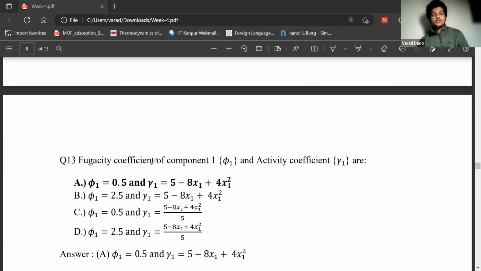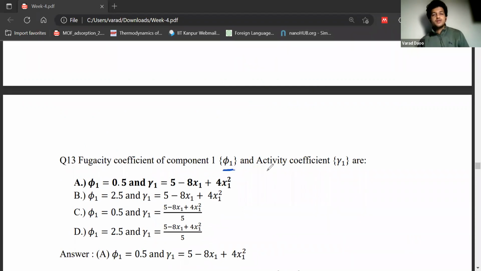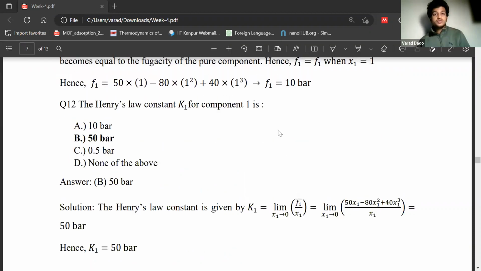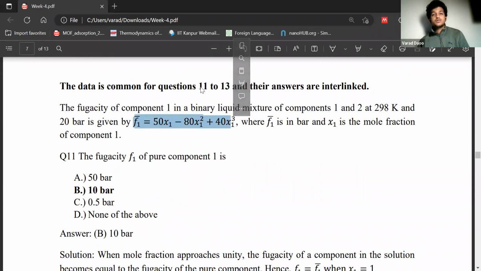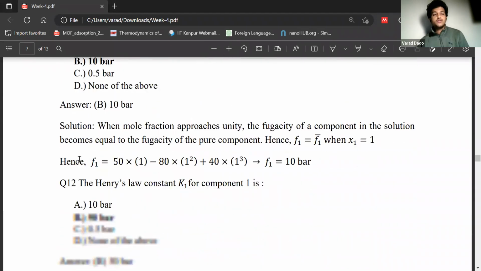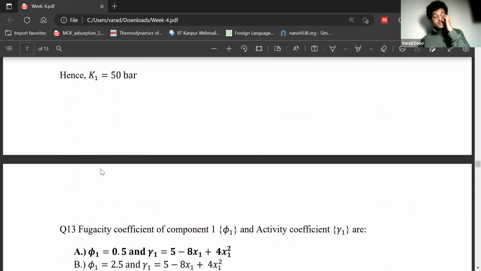So what we have is the fugacity coefficient of component 1, that is phi 1, and the activity coefficient gamma 1. This is a continuation of the previous questions, 11 to 13. This is the expression for F1 bar. We have solved question number 11, 12, and 13.